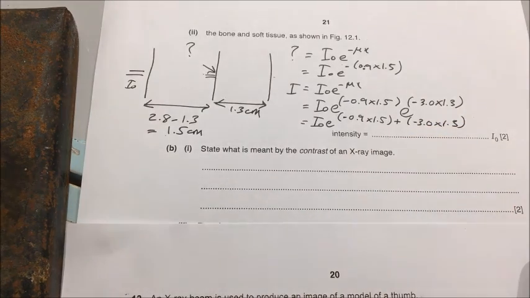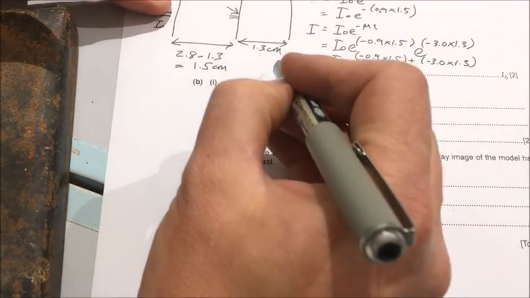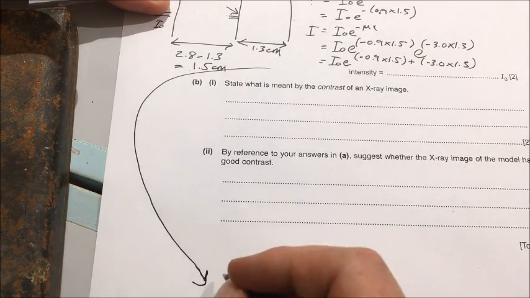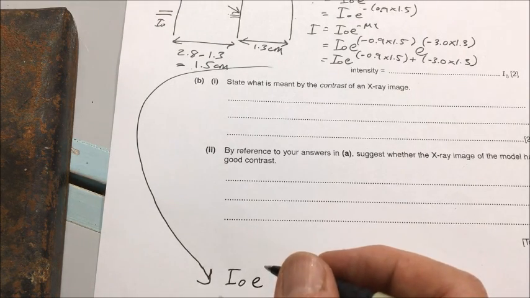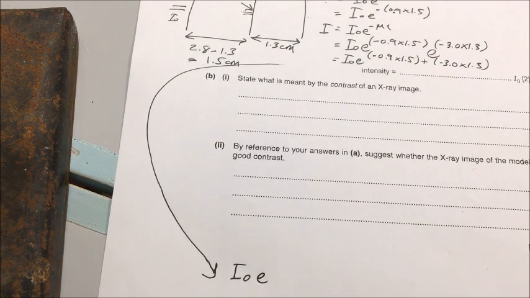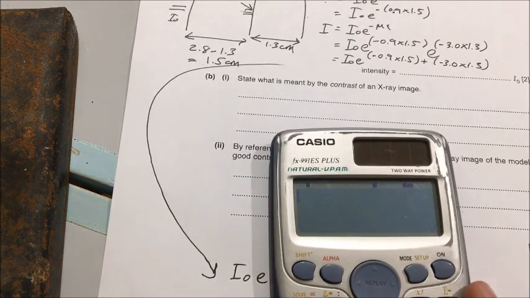So I think we'll probably need some extra space to do all of that. Can I just bring that down to the bottom? So I've now got I0 e to the power. Let me just do the whole lot all in one. So I'll do it on the calculator so you can see what I'm doing.